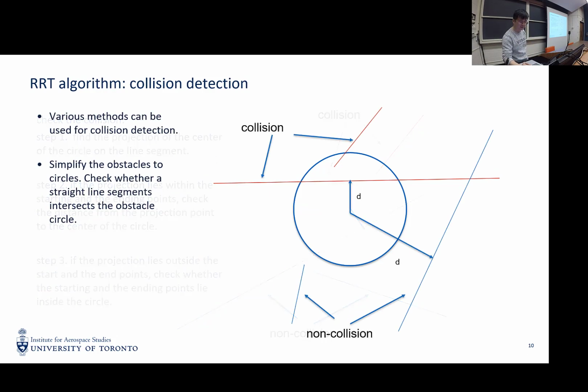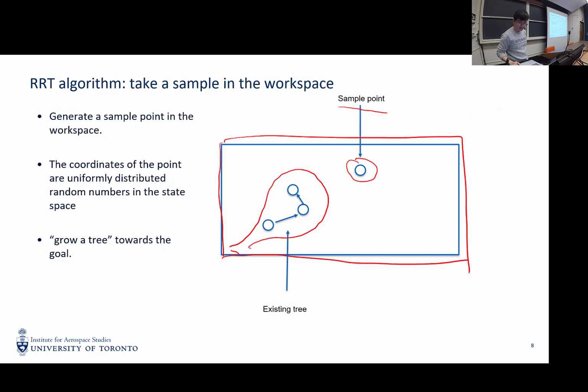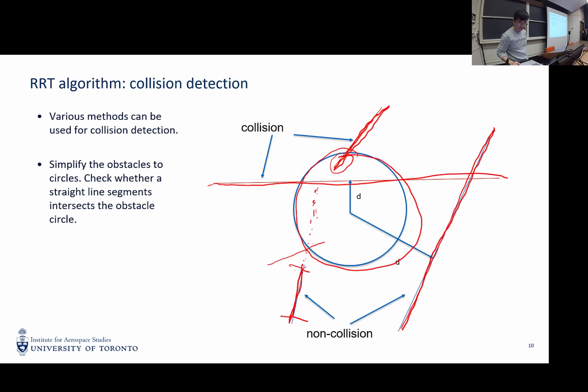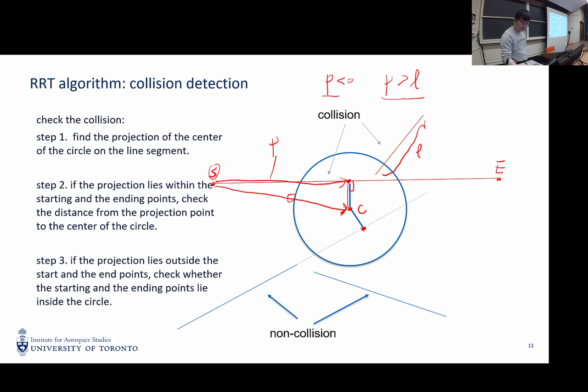So for example, for this projection, if we calculate P, then either P is less than 0 or P is greater than L, because it lies outside of this step.